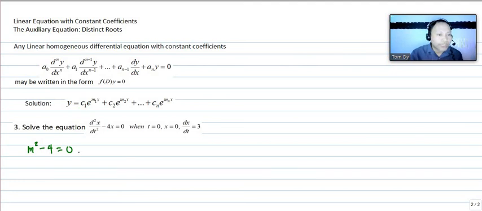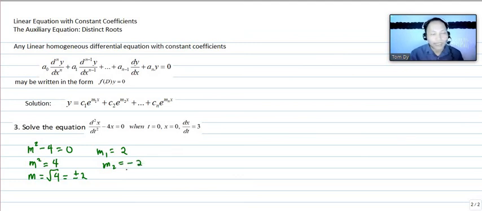And then if 4 is transferred to the other side, that becomes m squared is equivalent to 4, so that m equals the square root of 4, which is equivalent to positive and negative 2. So we have two values of m, our m sub 1, which is equivalent to positive 2, and then our m sub 2, which is equivalent to negative 2.